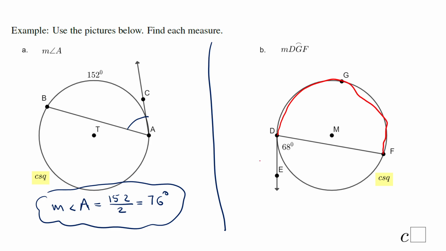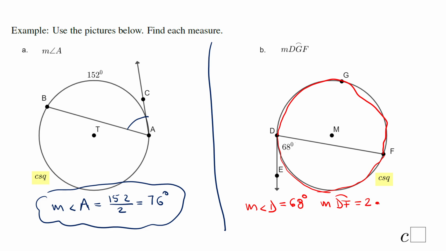So for that reason, I'm going to look first to this angle D. We can call it simple like that. The measure of angle D, if you notice, is 68. So the measure of arc DF, this one, you notice I use only 2 letters because it's the minor arc, is going to be double that 68.